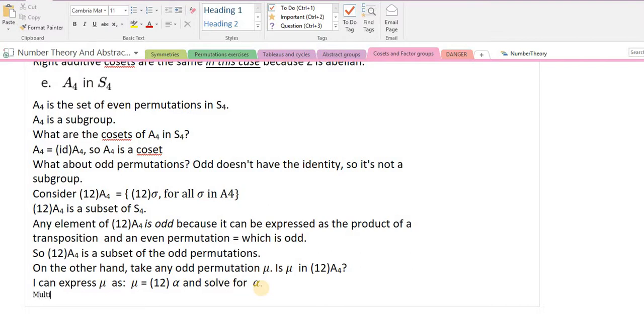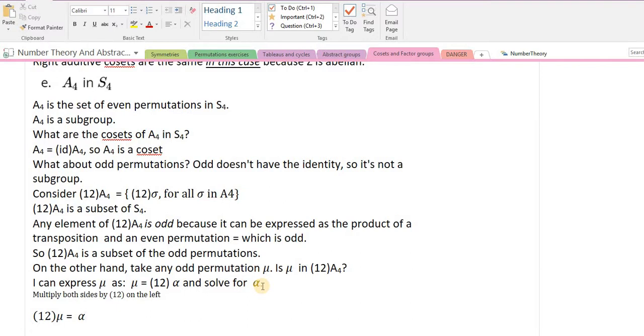So (1 2) on the left, and you'll get alpha is equal to (1 2) mu. So (1 2) alpha equals mu.